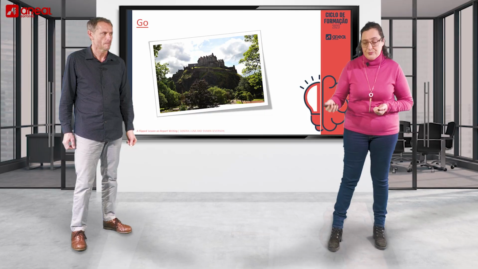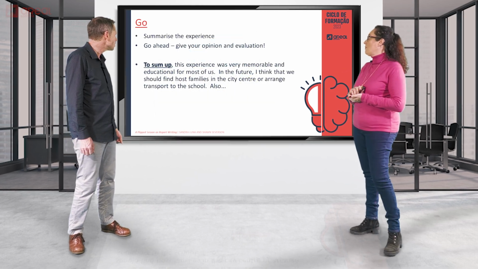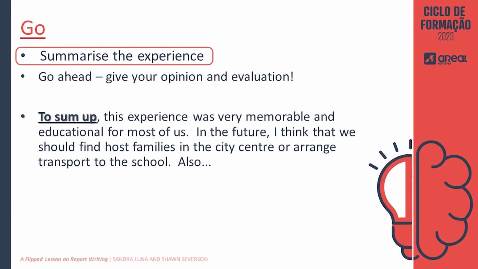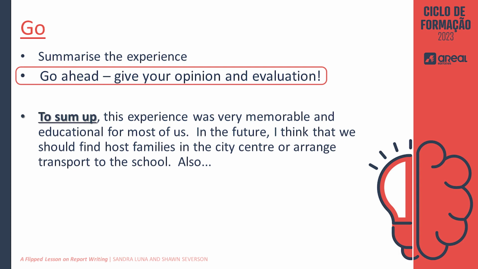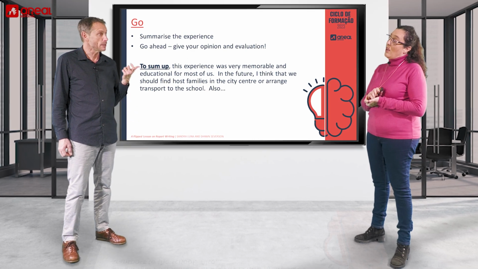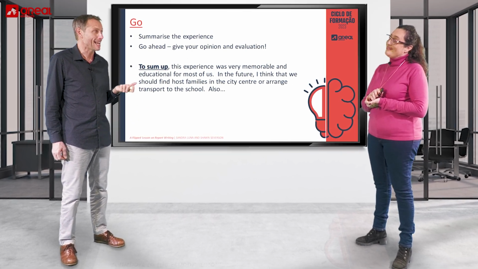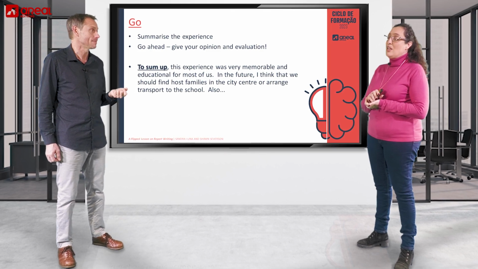So what can be done to make it better? You should summarize your experience, and give your opinion in your evaluation there. We can use a magic phrase to get us going on that, and that is to sum up. To sum up means to conclude. So you can use the expression to give an overview of everything that you've been describing.